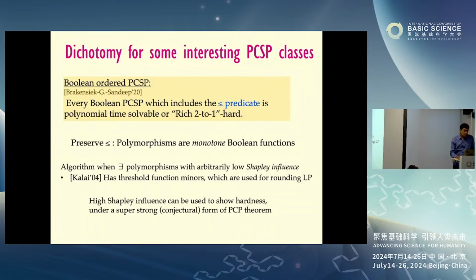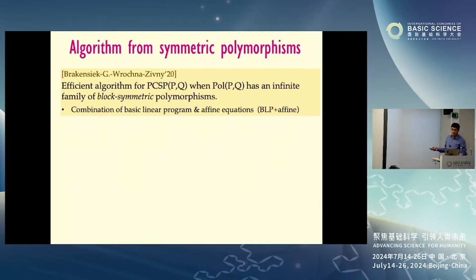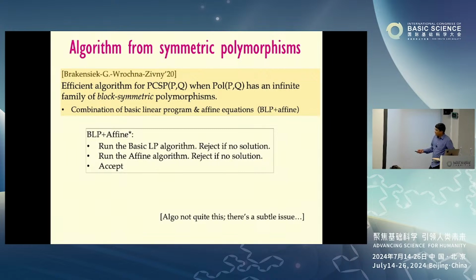Which is like linking polymorphism. Basically, say for a promise CSP, you have block symmetric polymorphisms. Okay, and when you run the algorithm, definitely the algorithm rejects it. Otherwise I'm lying. This is really a fine algorithm.